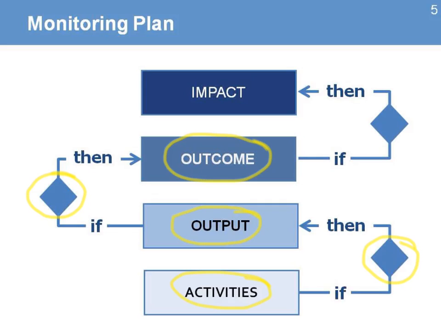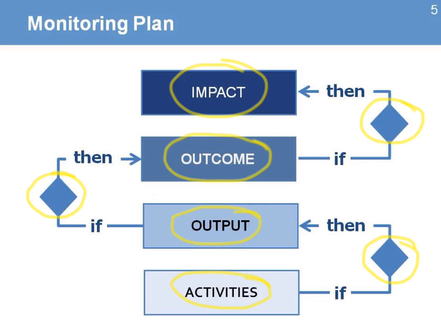And the same way, if the assumption at that level still holds true, then the project can attribute some of that impact. An example could be that one activity will be to train 100 people. If all the people are able to participate, then we'll have an output of 100 people trained, so they have new knowledge.